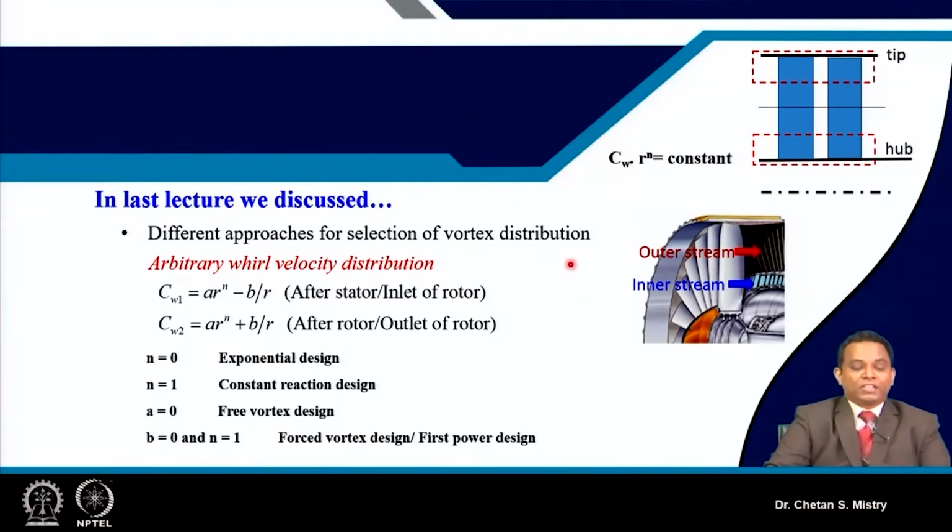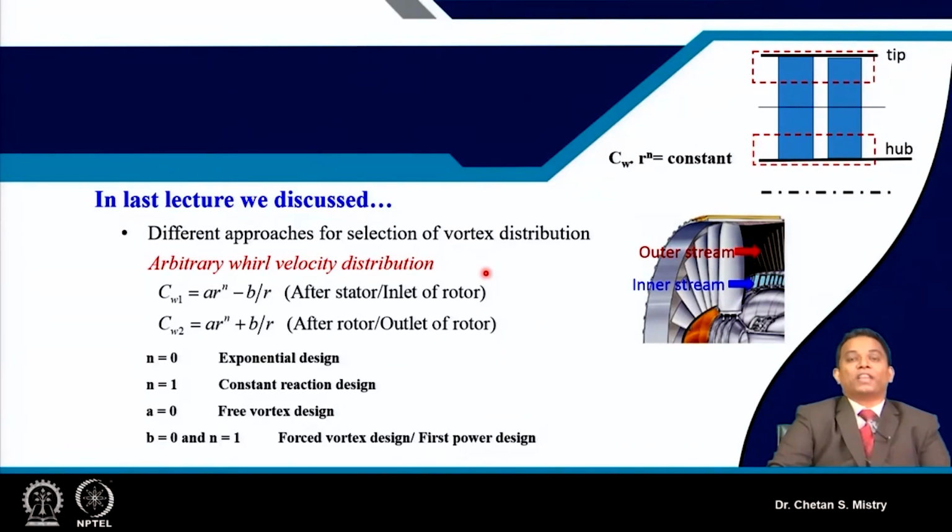Then we started discussing different approaches for vortex selection. In the recent approach we assumed that the total enthalpy remains constant along the span. That is, H0 does not vary from hub to shroud, or the work input remains constant.